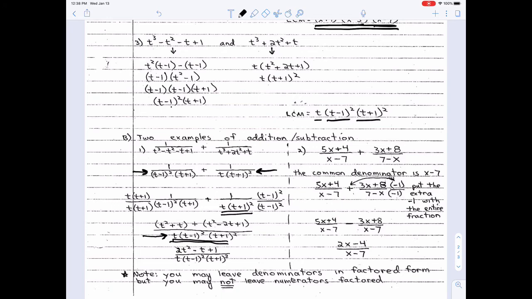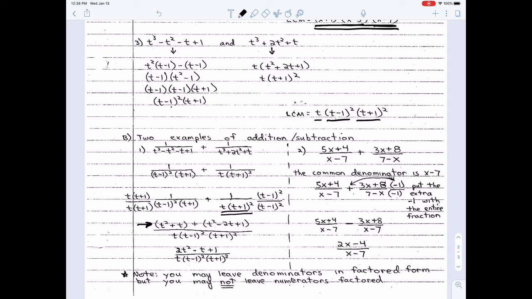So we multiply top and bottom by t minus 1 quantity squared. Then once we do that, we multiply it all out. And when you multiply it out, that's how you get this numerator. And then you simplify the numerator.